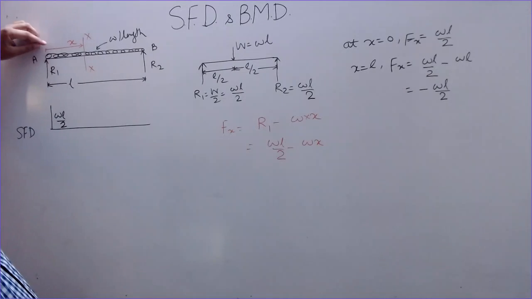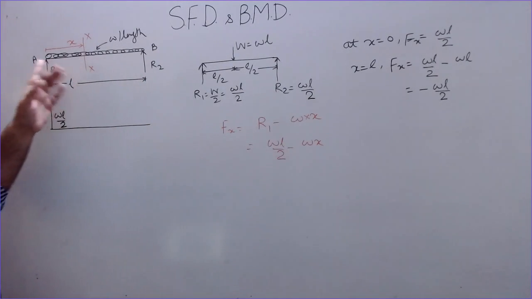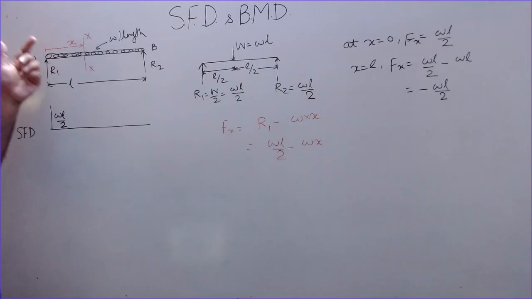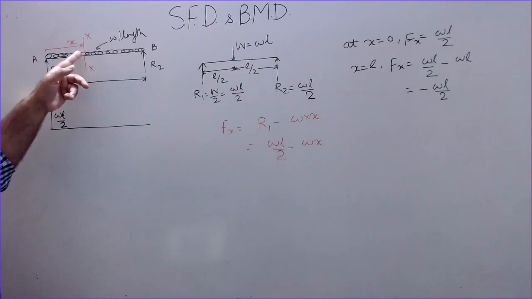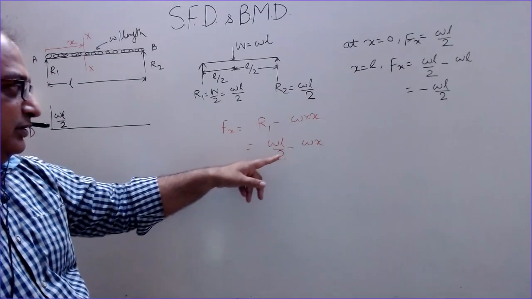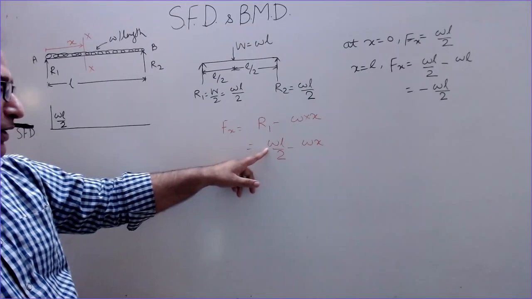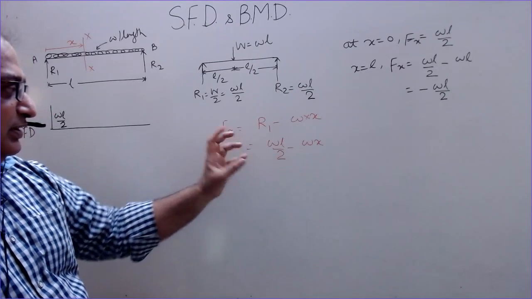So taking a section at a distance x from this end here, the shear force at this section is: this load is acting in upward direction and the load contained in this length x is acting in downward direction. So R1 minus w into x. This is small w. So R1 is wL by 2 minus w into x. This is a straight line.